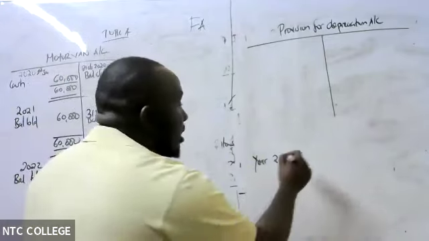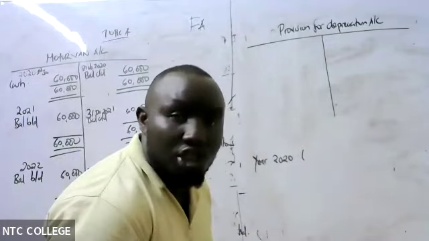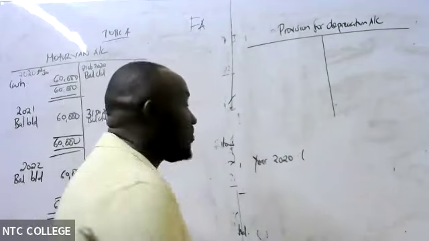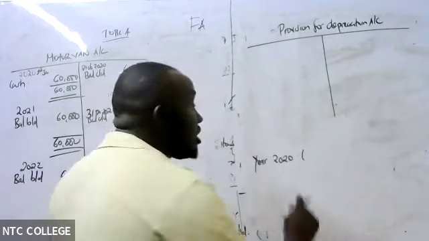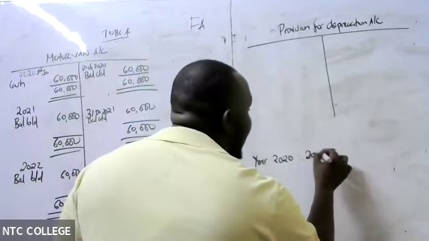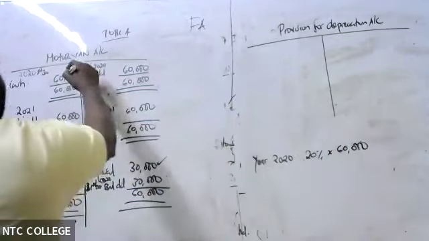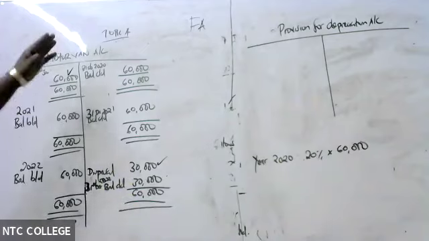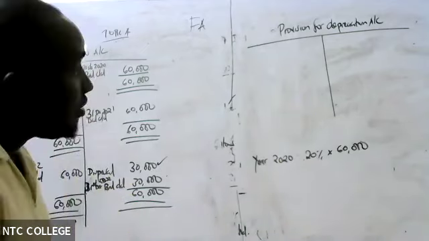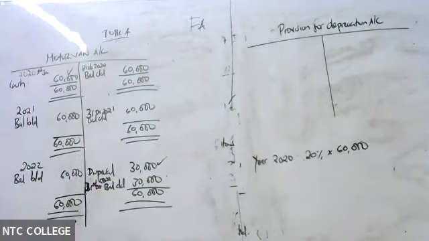So year one, depreciation is at the rate of 20% on reducing balance. Year one, there's no accumulated depreciation, but you have 20% times the cost, which is 60. So what is the depreciation for year one, which is 2020?